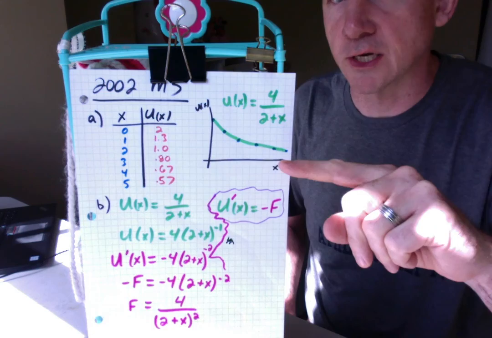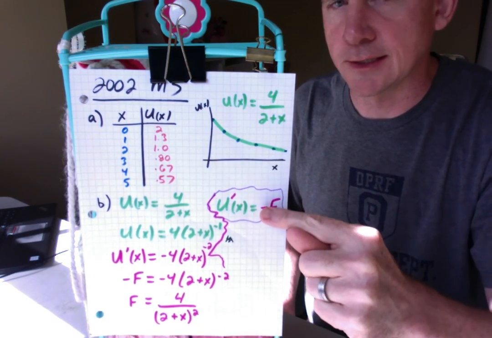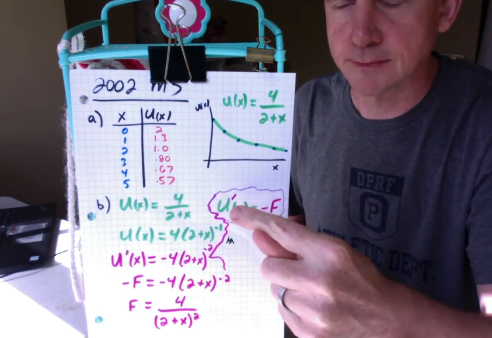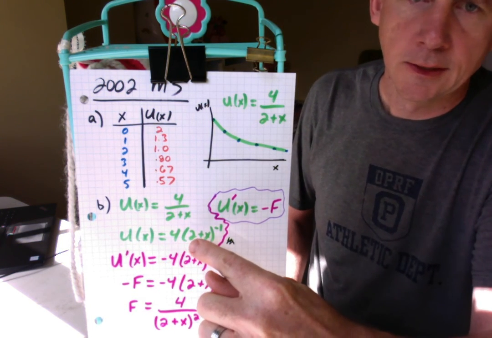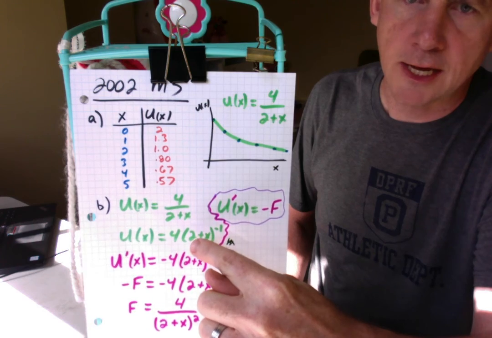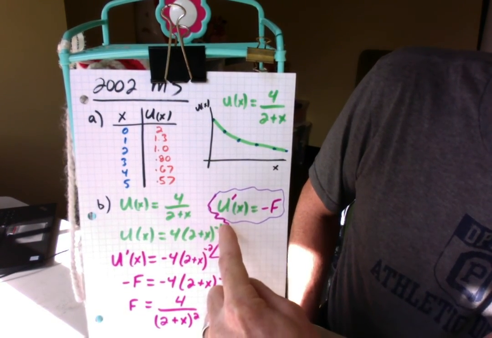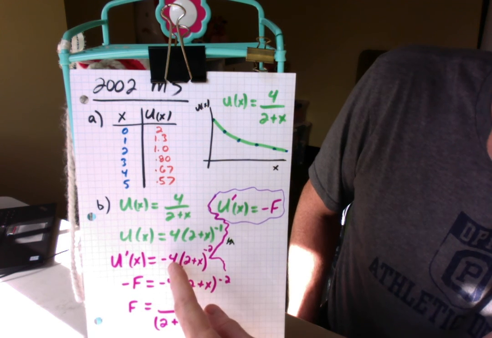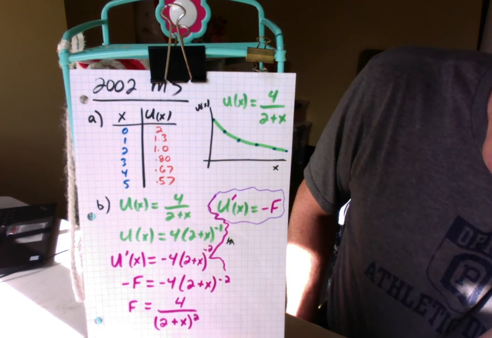The force or the acceleration of that marble is going to be the opposite of this slope. So we place that 2 plus x up top and put a -1 there, and then we just say the derivative of that is going to be this to the -2 power, and chuck a negative over there. So there is our derivative function.